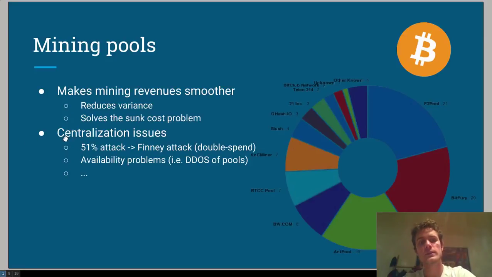So the problem with mining pools is that they actually make the computational power around Bitcoin more centralized. If you see only a few actors or a few mining pools have a majority, and if they were to collude, then they could actually make some very big impact in double spend attacks.